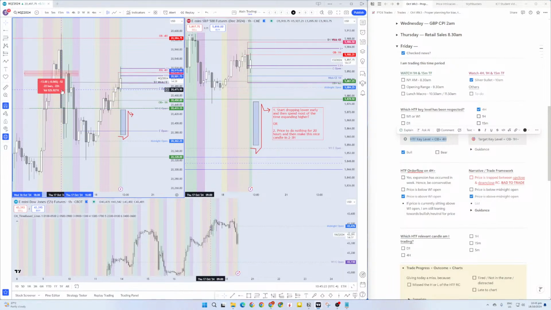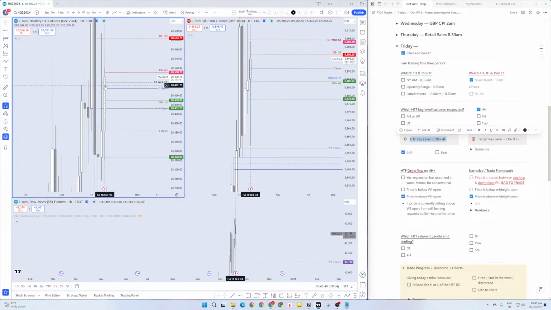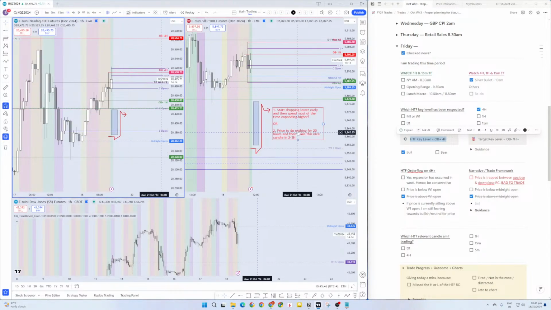Okay? A daily candle takes 22 hours to form. In this scenario here, you can see that price spent 5 hours below the open, but the rest of the time is above the open. Okay? That's how long it takes to make a candle look not even perfect, just nice looking up close like that.